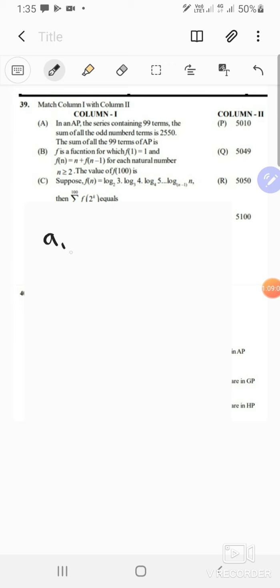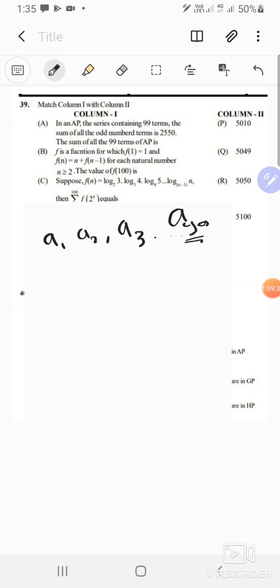You got A1, A2, A3, all the way till A99. So there are going to be more odd terms than even terms, because it ends at an odd term. Cool. So if this was supposed to be 98, then it would be 49 over there, but now it has one more, so there are 50 terms.